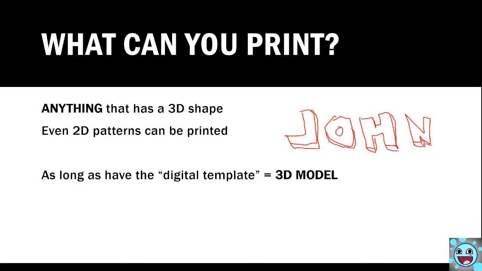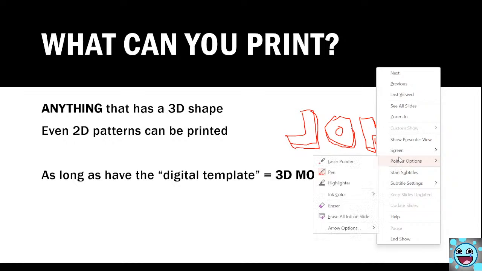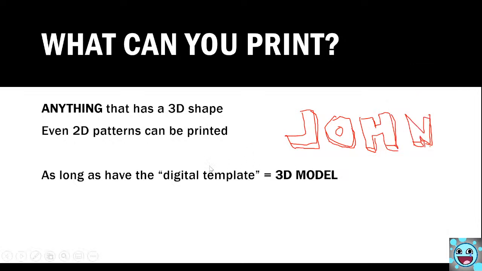And then you can print it. As long as we have the digital template or the 3D model, as we will affectionately call it, you can make it, you can fabricate it with a 3D printer.